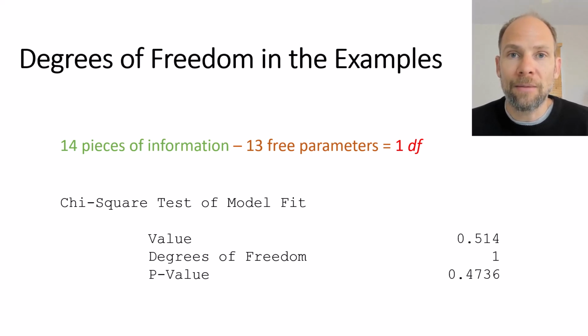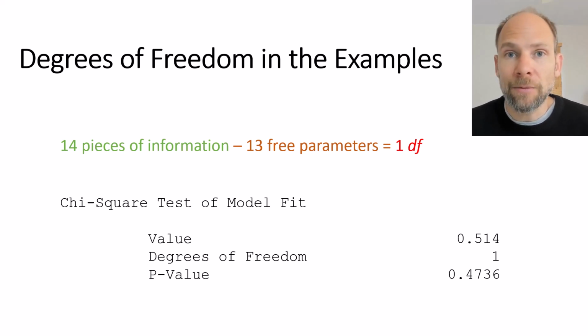There's nothing that can be tested. Everything is being used. It's not necessarily bad, because a lot of models that we fit in practice in statistics are saturated, such as regression models, for example. Multiple regression models are always saturated, and yet they can yield useful parameter estimates nonetheless.